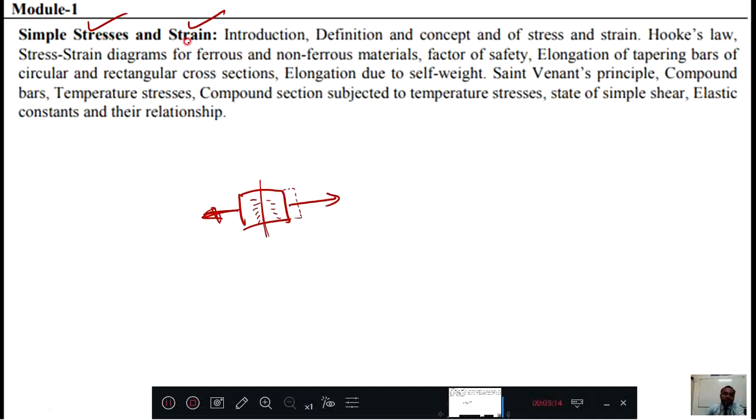Okay, this is the simple stress and strain, and in this we will study definition, introduction, concept of stress and strain. What is stress, what is strain, and what is the relation between them?